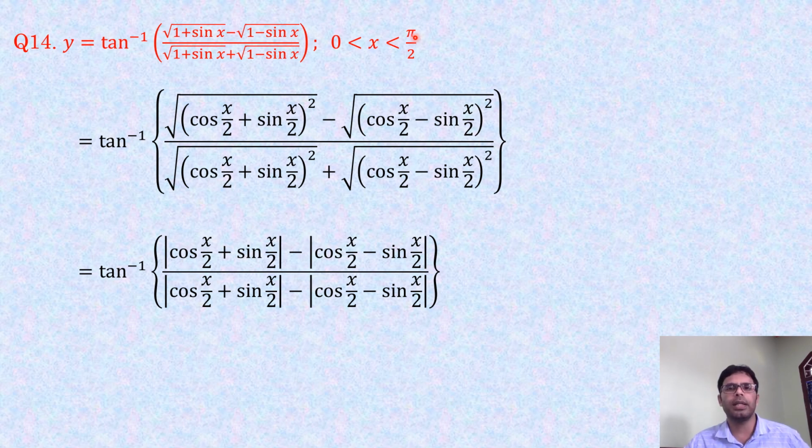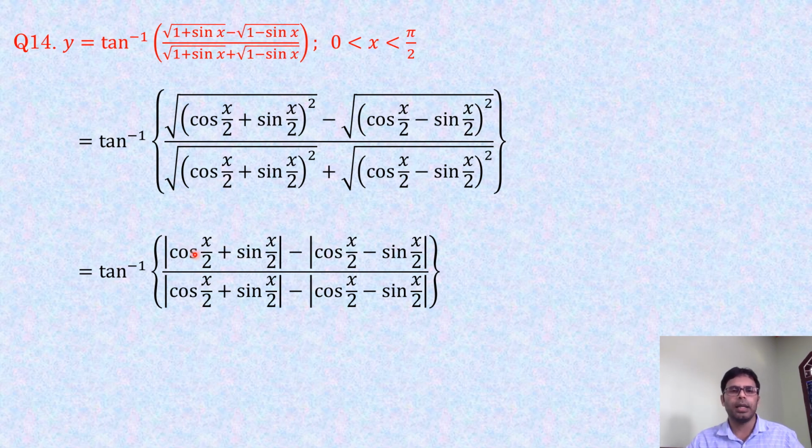But you see here the value of x is given from 0 up to pi by 2. So x by 2 will be from 0 up to pi by 4, is not it? So from 0 up to pi by 4, you think cos x by 2 value is always greater than sin x by 2 value. In that interval from 0 up to pi by 4, you see the values of cos function are greater than the values of sine function.